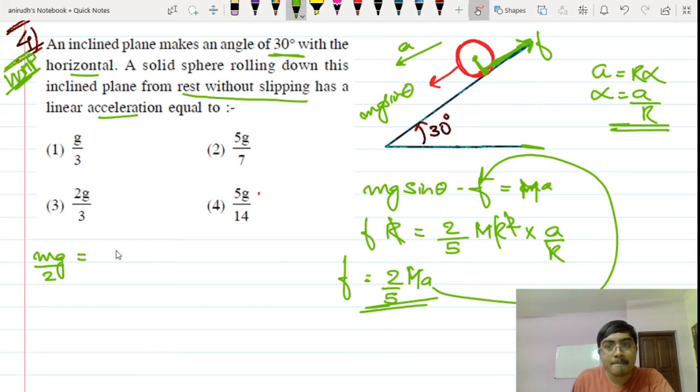So that will be 2 by 5 plus 1, multiplied by ma. These two m will get cancelled off. A is equal to g by 2 multiplied by 5 by 7, since 5 plus 2 is 7 by 5. So obviously this is 5g by 14.